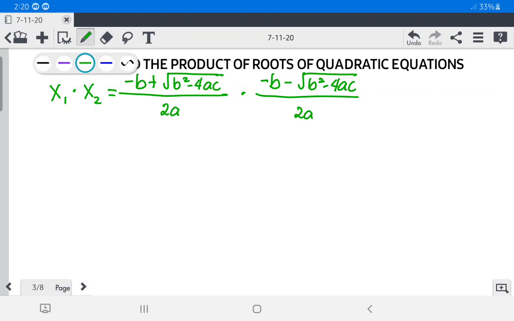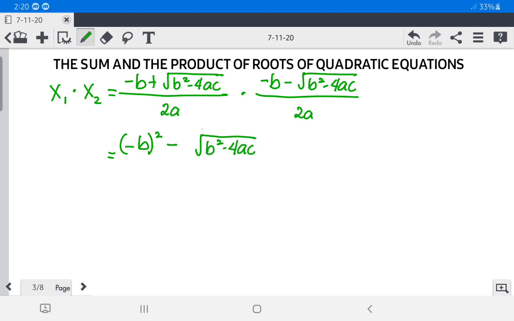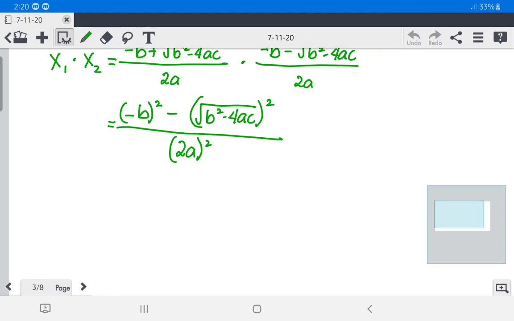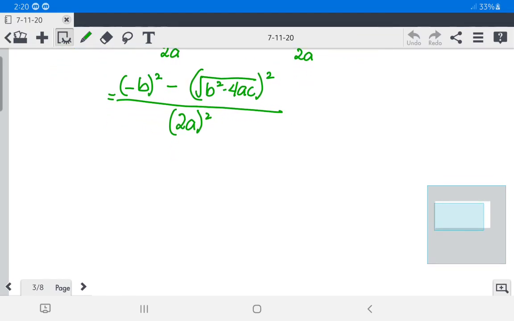We have negative b squared, so that is the first term, minus the second term, square root of b squared minus 4ac squared. Okay. Over 2a squared. So you're going to multiply the denominator again.